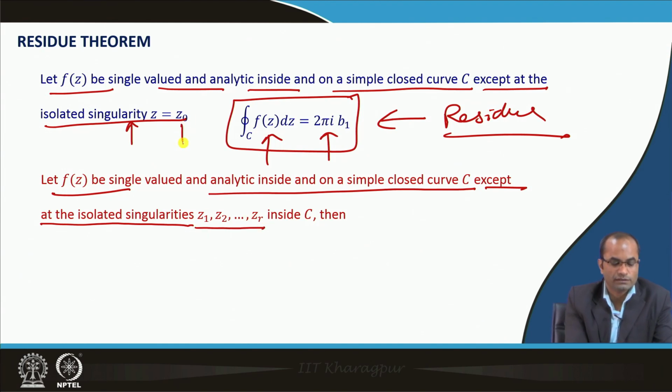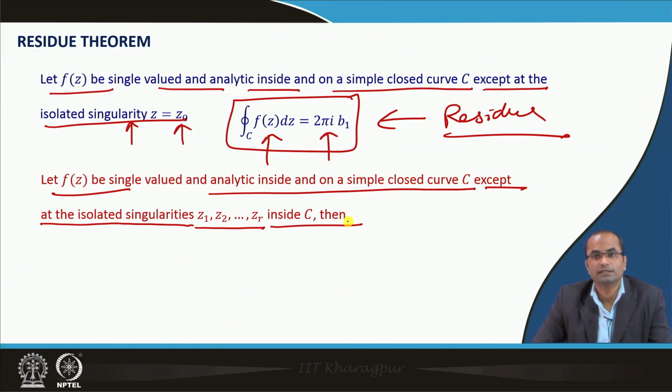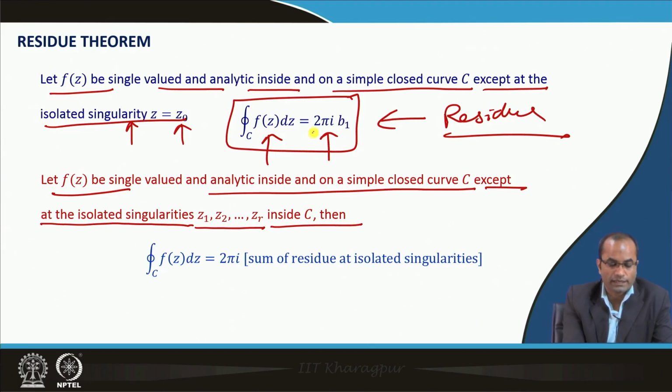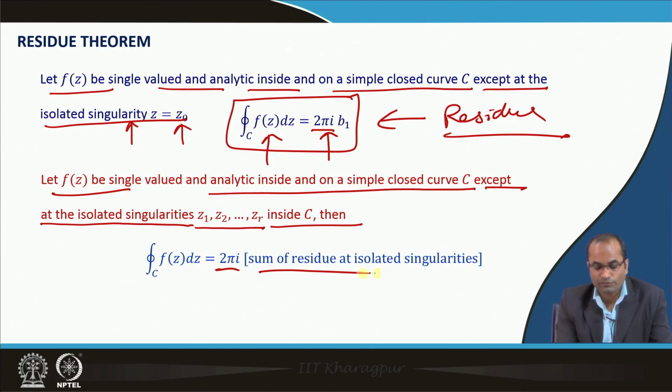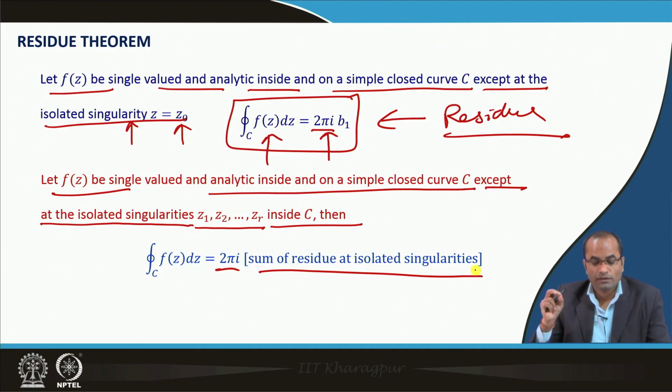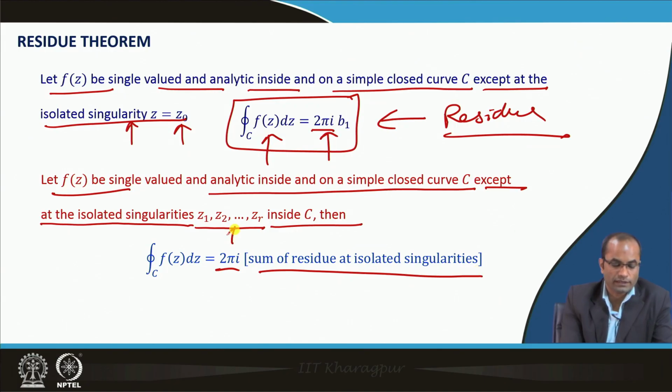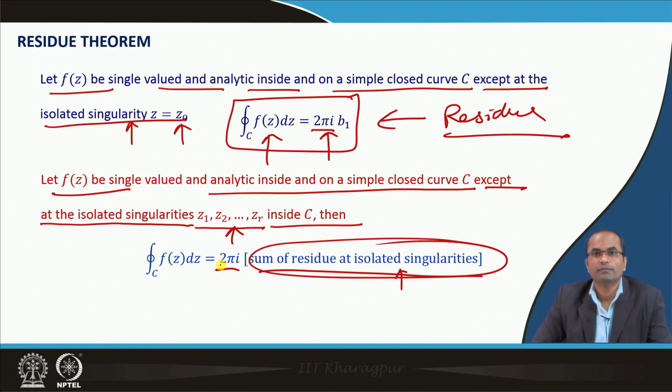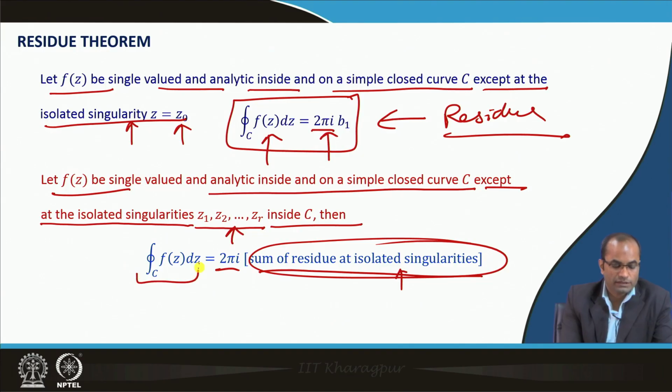So, instead of one singularity z naught, we have these r singularities inside C, and in that case the result is 2 pi i times the sum of residues at these isolated singularities. So, we have r singularities, that means we have to get these r residues, and then sum these residues and multiply by 2 pi i, and that will be the integral value over the curve which encloses all these singularities.